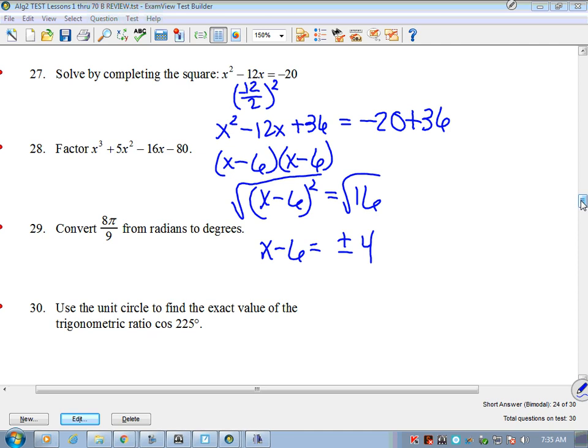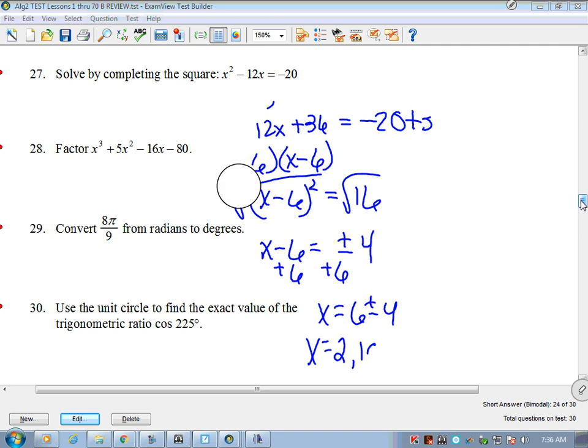Then we're going to add 6. So x equals 6 plus or minus 4, which means I've got two real answers. 6 minus 4 is 2. 6 plus 4 is 10, so I can get 2 or 10. Let me check my answers there. 10 or 2 is my answers. So that's how we solve by completing the square on number 27.